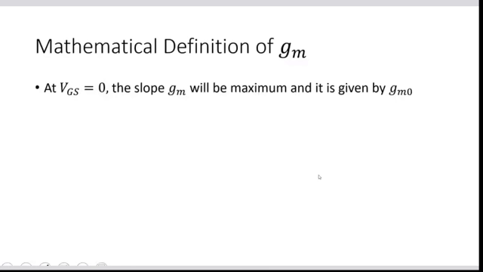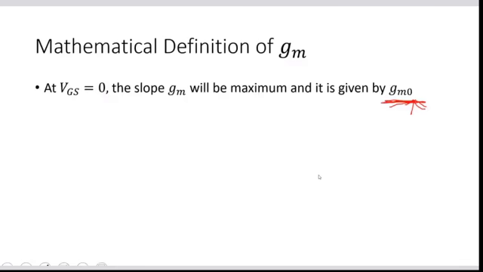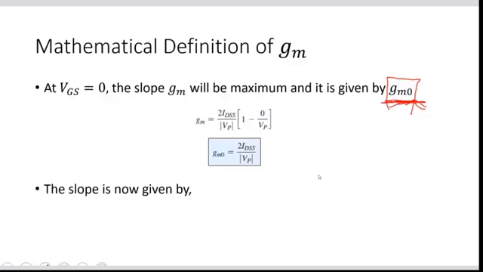That's why we call it GM0, where 0 means the VGS value is equal to 0. When I substitute VGS equal to 0 in the equation for GM, we have GM0 as 2 IDSS divided by the magnitude of VP.